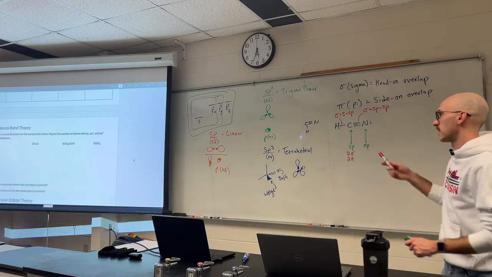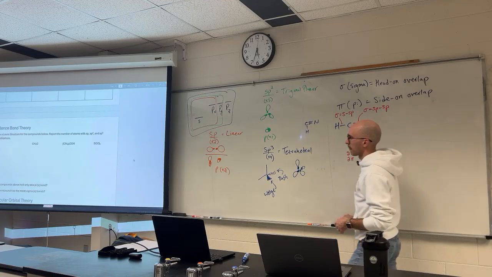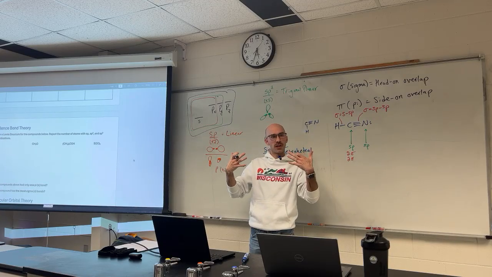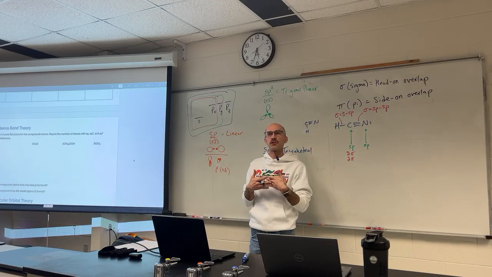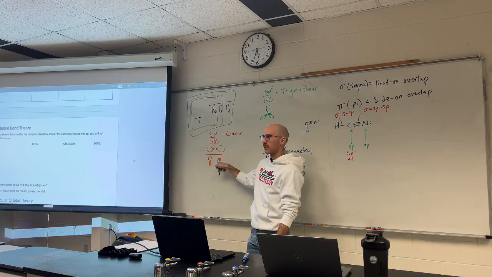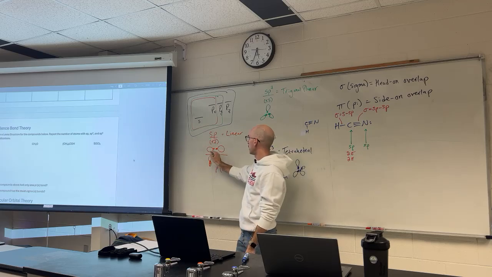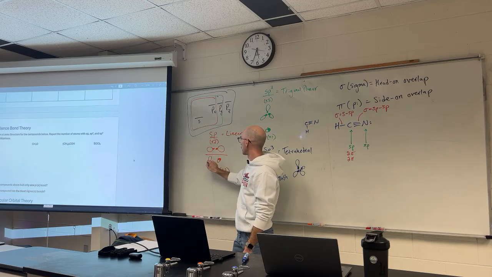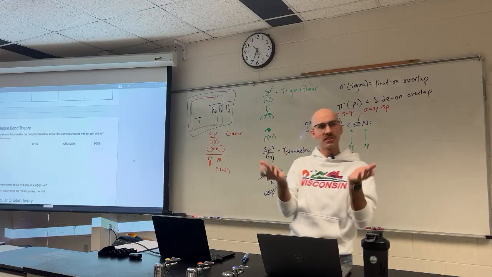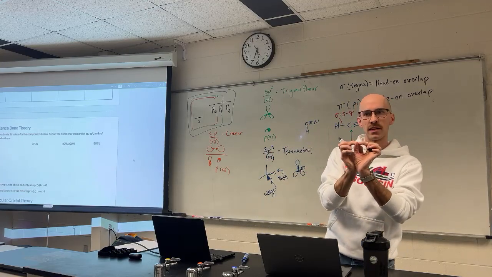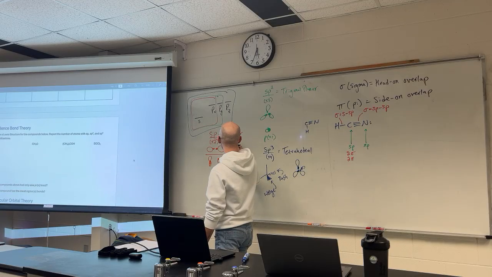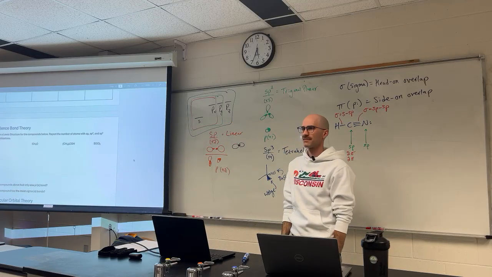I do want to backtrack. I'm showing all of these orbitals kind of separated from each other, but that's to avoid the confusion of showing how they actually take up space. These nodes, where the orbitals go from shaded to unshaded, that's where the nucleus really sits. So if I were to show all of these orbitals in space with the nucleus centered in the same spot, then I would be showing these sp orbitals like this.